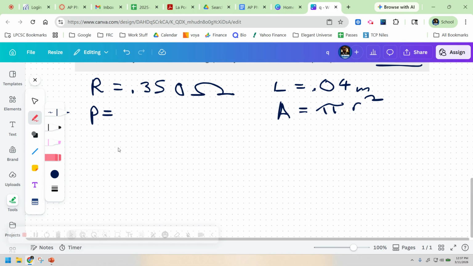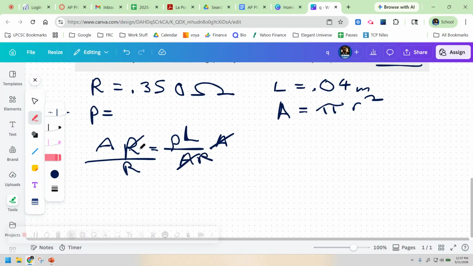In other words, I'm going to start with R is equal to rho L over A. And then if I multiply both sides by A and then divide them both by R, this cancels here. These cancel here, and I get that the cross-sectional area is equal to the resistivity times the length divided by the resistance, capital R.